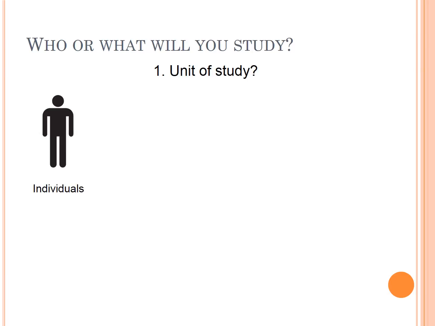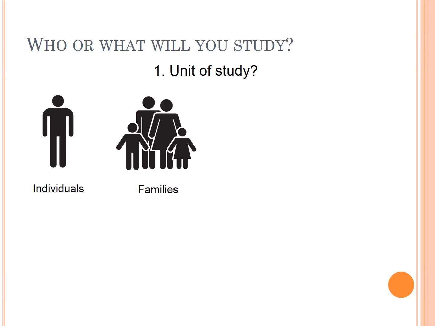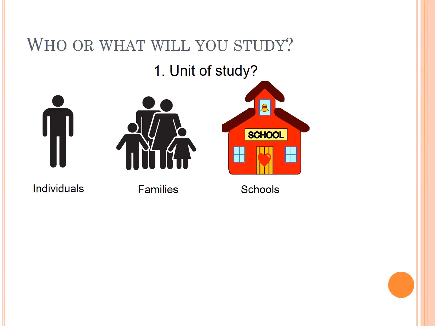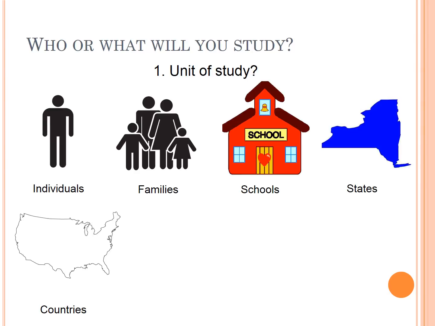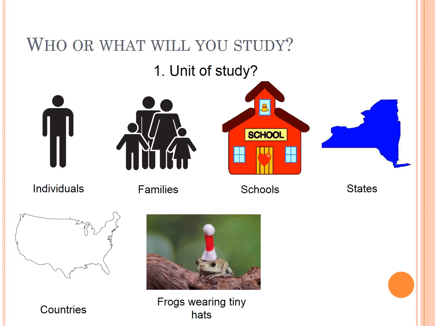It can be an individual, it could be families, it could be schools, it could be different states, it could be different countries, it could be frogs wearing tiny hats, it could be anything. But the important part is to determine what unit is your level of study. Most studies in counseling tend to look at individuals, but you will see families and schools from time to time as well.